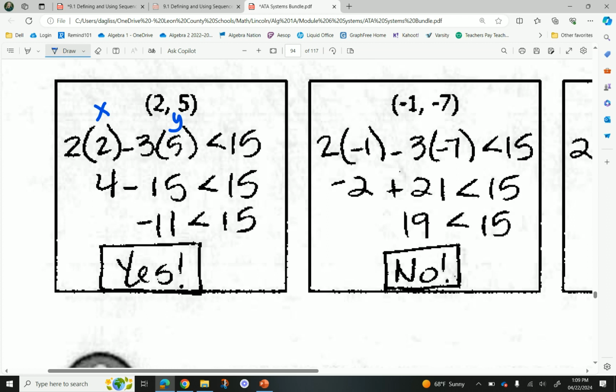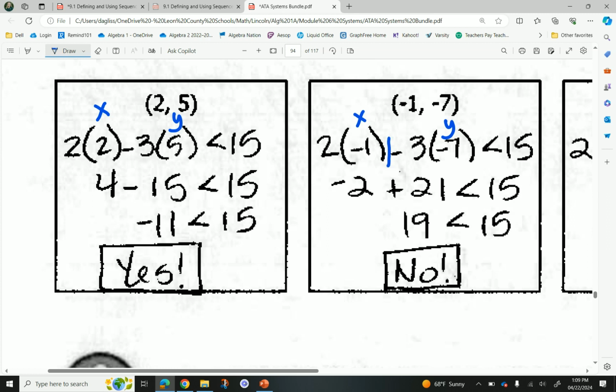Okay, and then my next example, we're testing the point negative 1, negative 7. Now negative 1 is my x, and negative 7 is my y. So when we plug those in, 2 times negative 1 is negative 2. And then here we have negative 3 times negative 7, which is going to be positive 21.